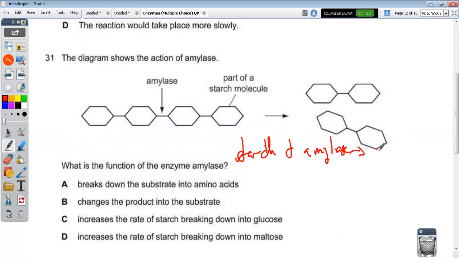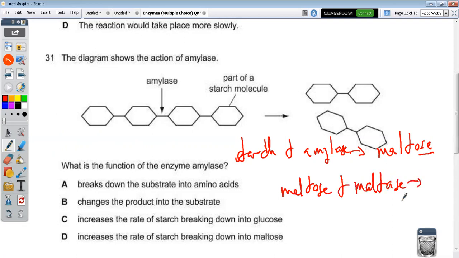Then the maltose in the small intestine, plus an enzyme called maltase, now becomes glucose. Clear. So what's the answer here? Breaking down, increasing the rate of that, and breaking it down to maltose. Not C.